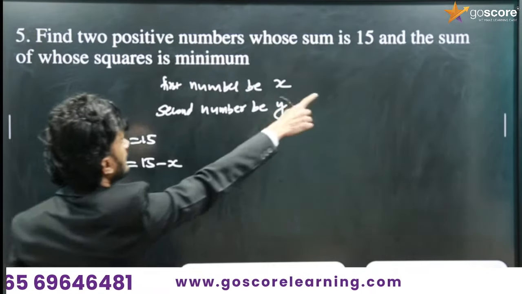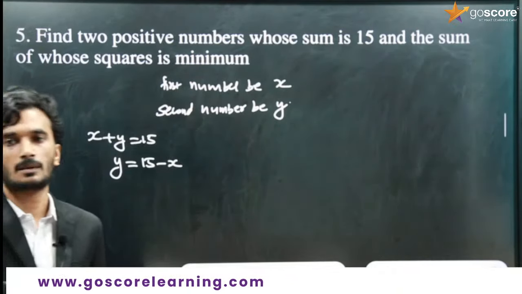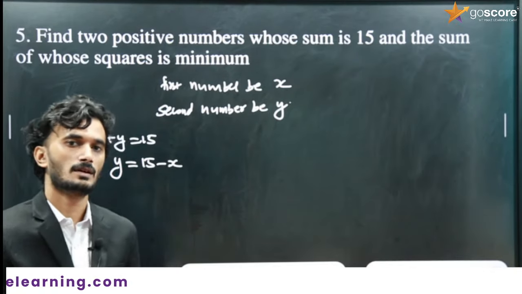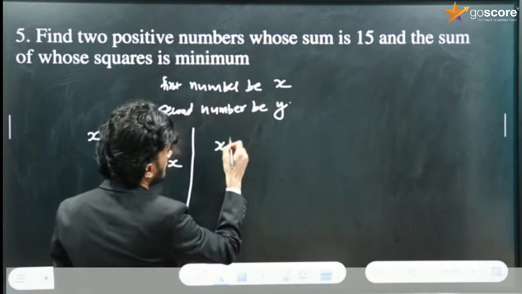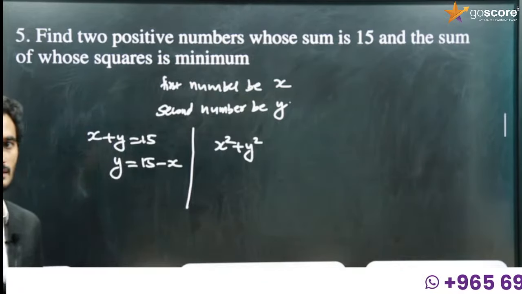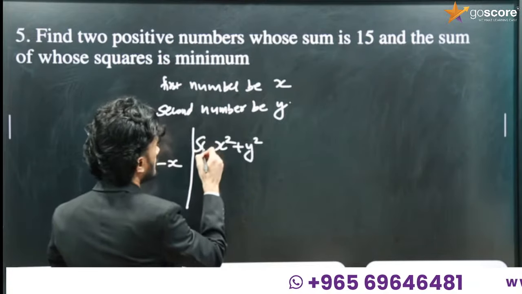So here the second condition is given: the sum of whose squares is minimum. That means x square plus y square.